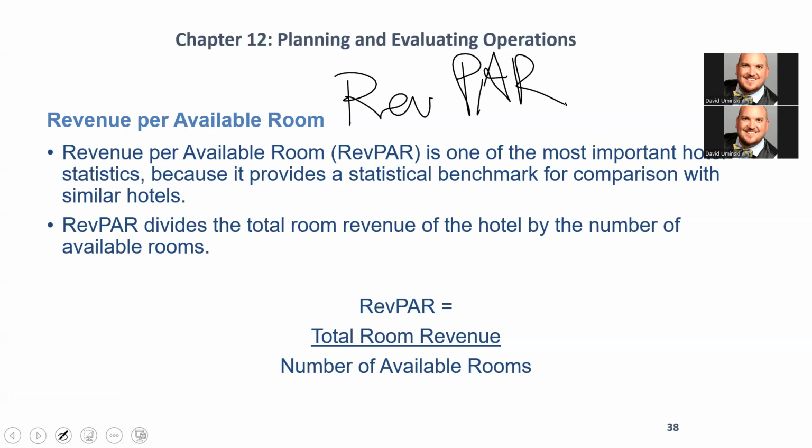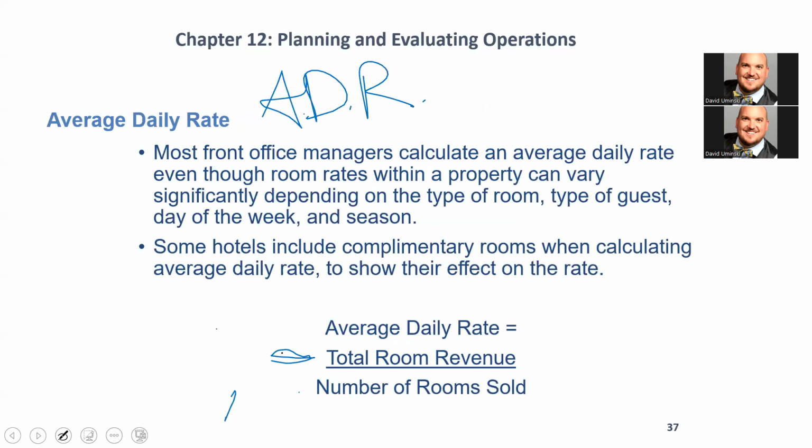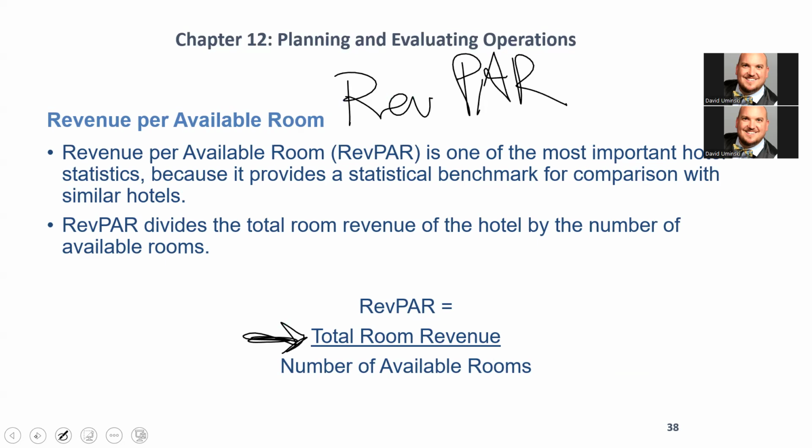Revenue per available room takes that same total revenue, so that same number as the ADR, but this time, instead of just looking at the rooms that were sold, RevPAR looks at all of the rooms in the hotel.